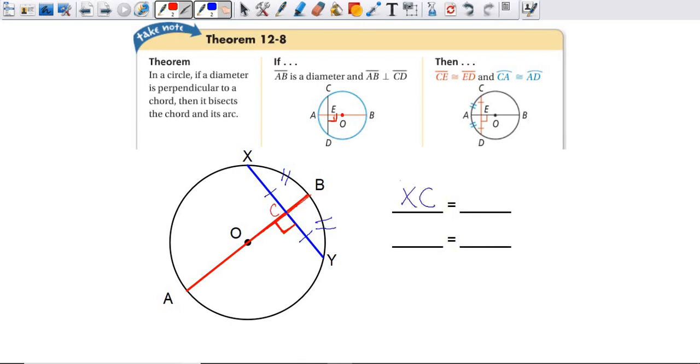So let's call this chord XC is now congruent to chord CY, so it got bisected. And then this arc right here actually got bisected, so now XB is congruent to BY. And these should also be congruency symbols, not equal signs, okay?